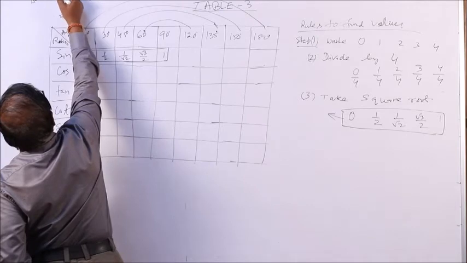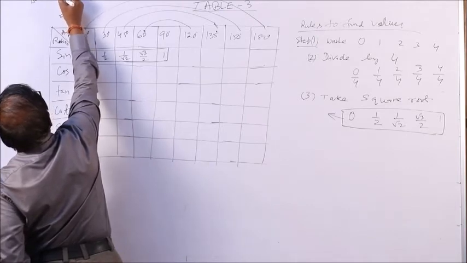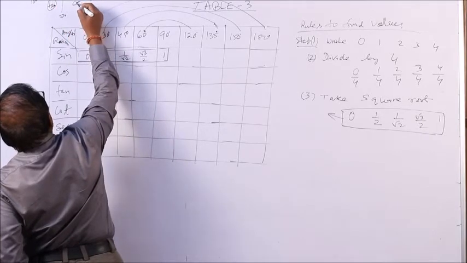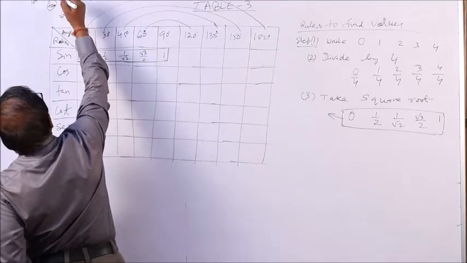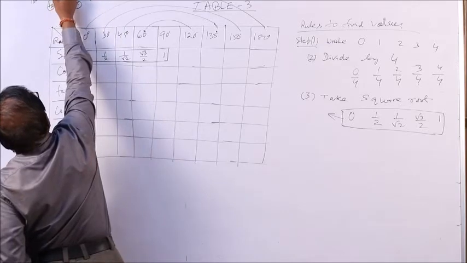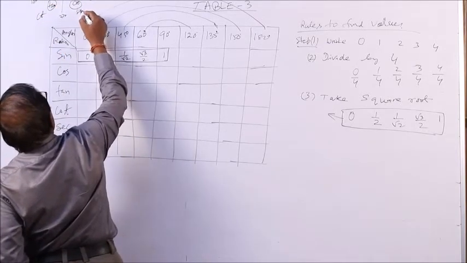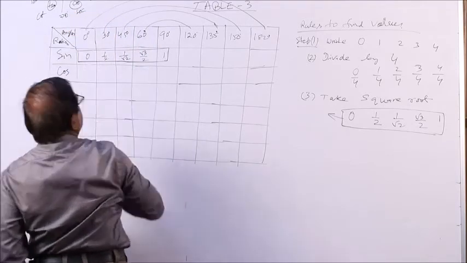Here sine is positive, so cosec is positive. By the rule, all, sine, tan positive and cos positive. Its reciprocals are also positive. Sine means cosec positive, tan means cot positive, cos means sec positive.